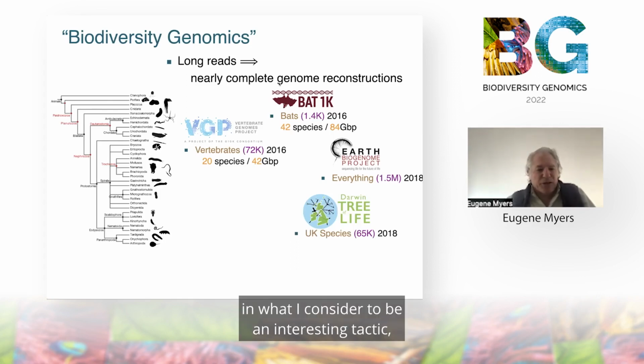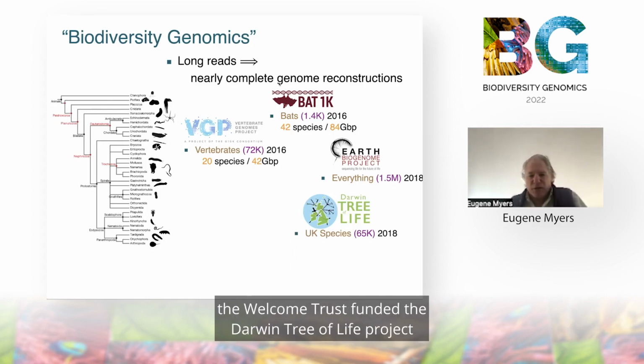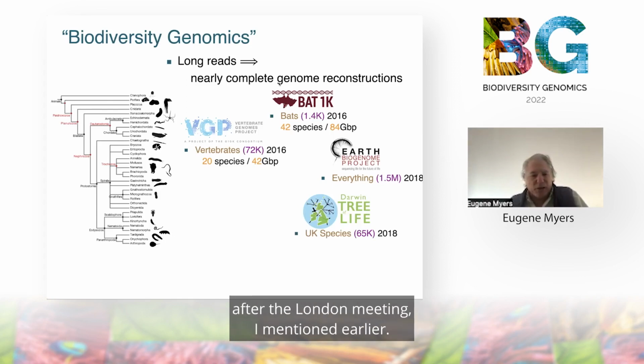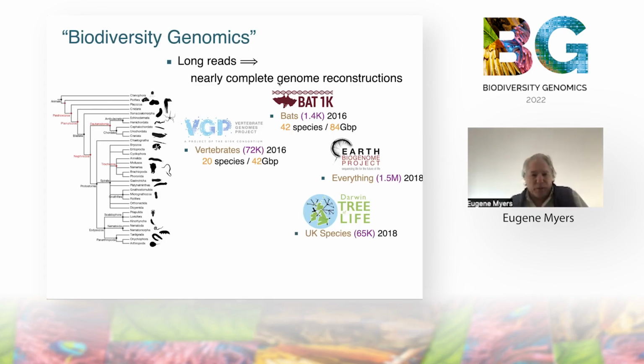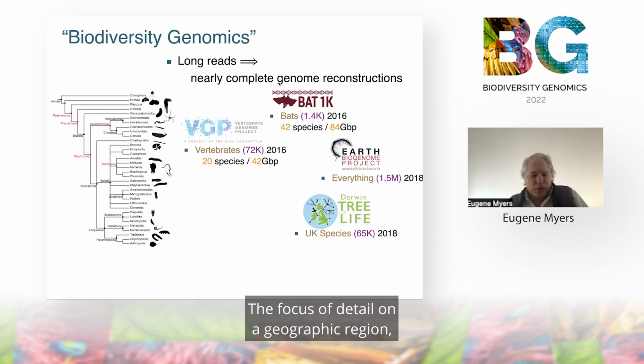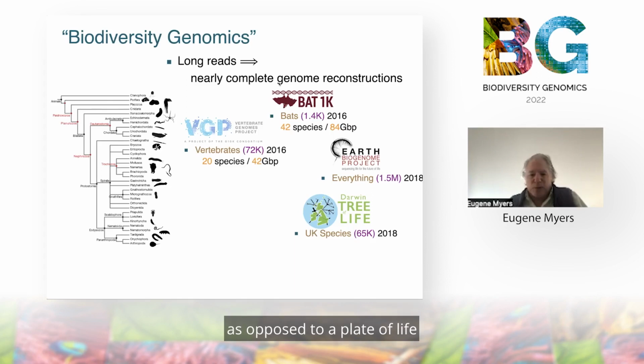In what I consider to be an interesting tactic, the Wellcome Trust funded the Darwin Tree of Life project after the London meeting I mentioned earlier. The focus of DToL on a geographic region as opposed to a clade of life was very strategic for two reasons.